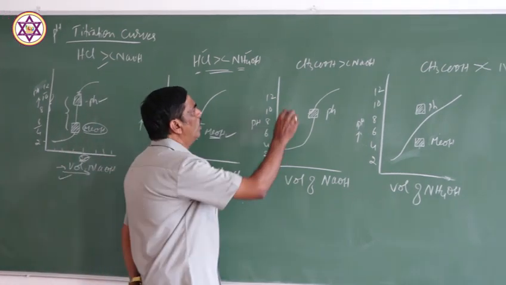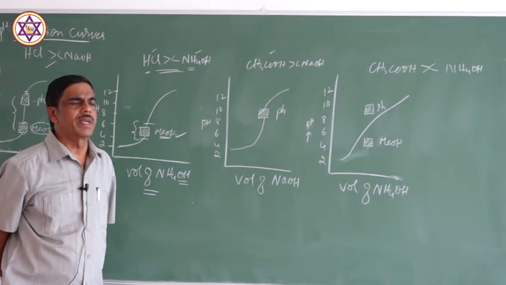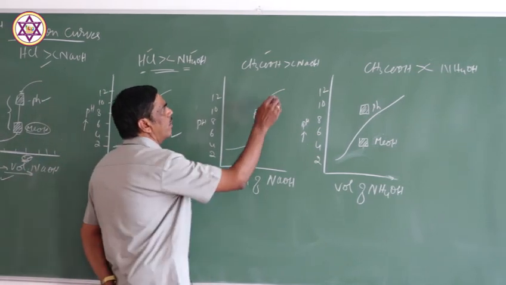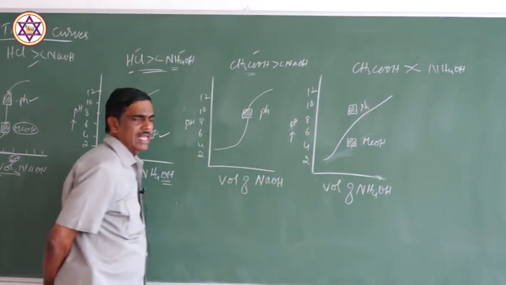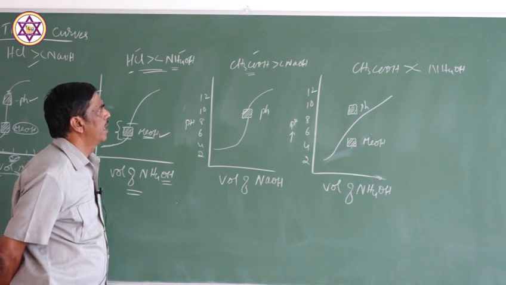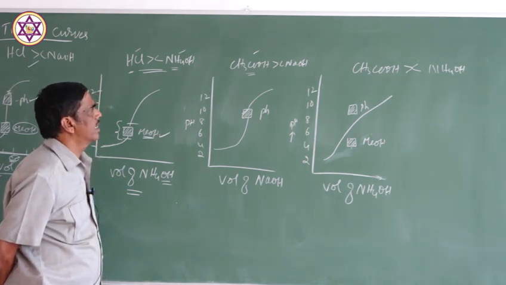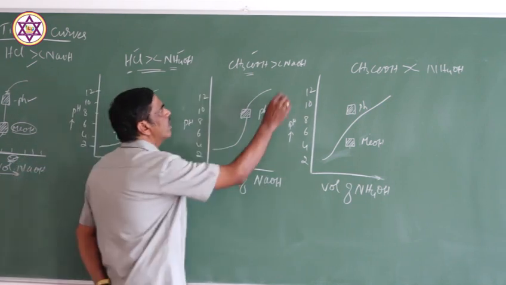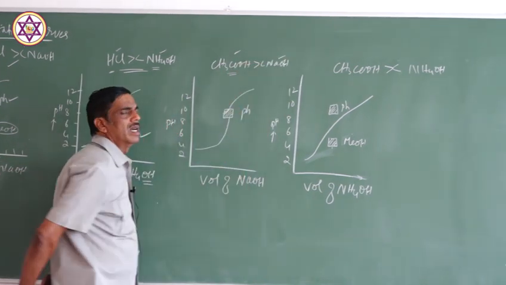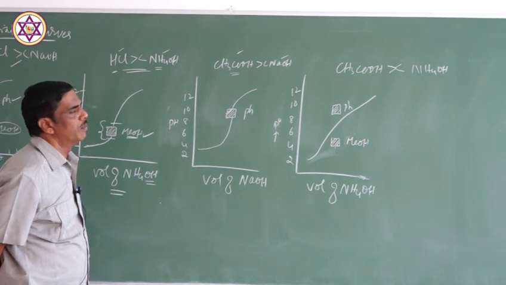Now come to the next type of titration, weak acid versus a strong base. Acetic acid is a weak acid. It ionizes to a small extent, but it reacts with sodium hydroxide to form sodium acetate, which is a strong electrolyte which ionizes completely.